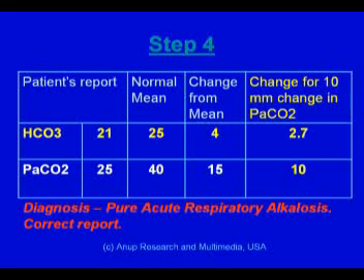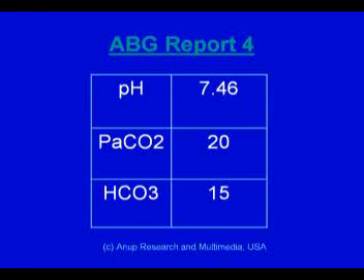But as long as we can see that the change in bicarb is around 3 for 10 millimeter change in PaCO2 with respiratory alkalosis, it is acute respiratory alkalosis. Now let's look at the next report.